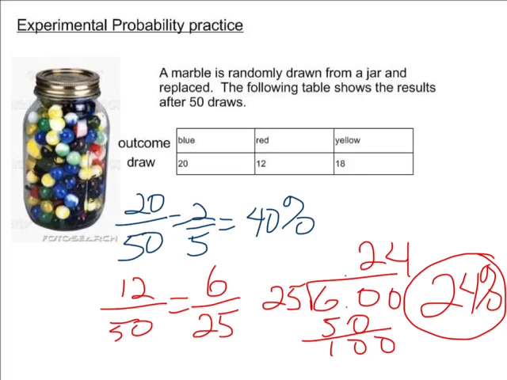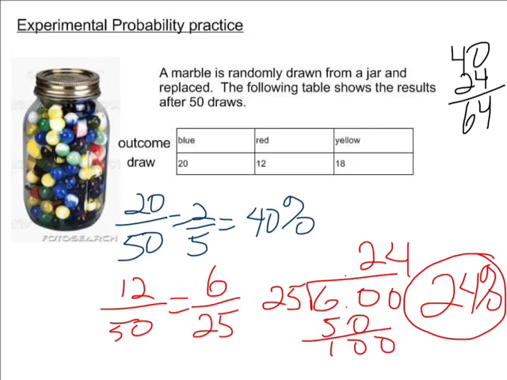Now, the only other one that we have left is the yellow. And we could go ahead and find the probability, or we could simply add 40 and 24. When we combine 40% and the 24% for the other colors, we end up with 64.